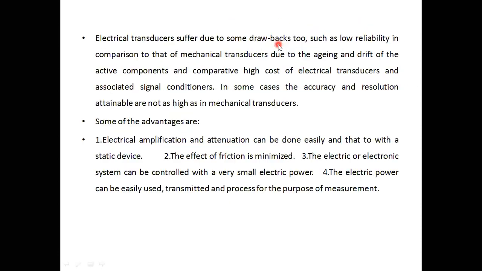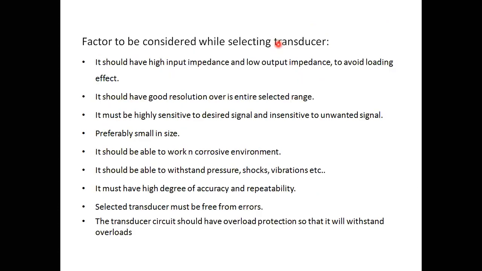So what are the factors to be considered while selecting a transducer? For a particular application, I have a number of transducers.